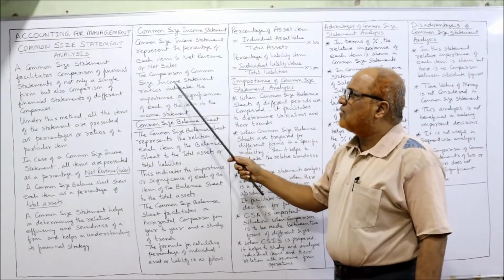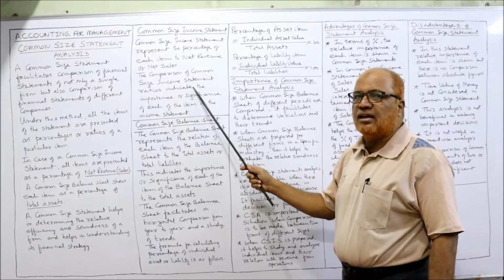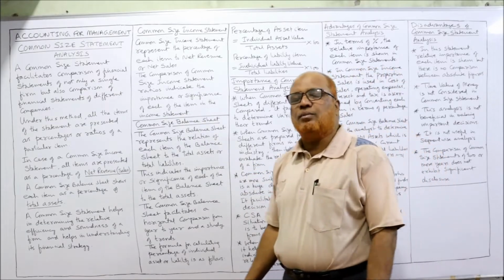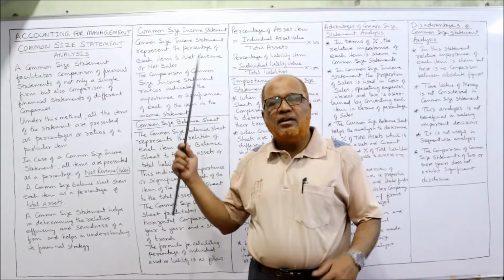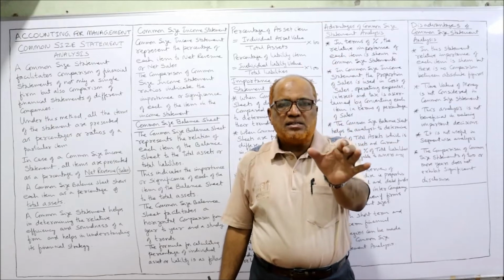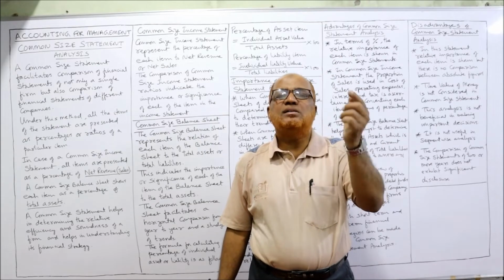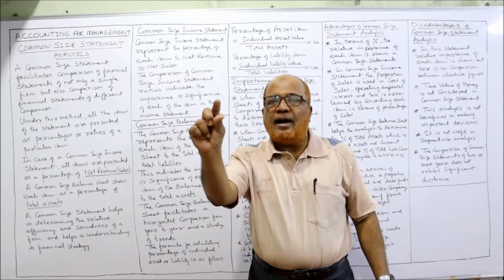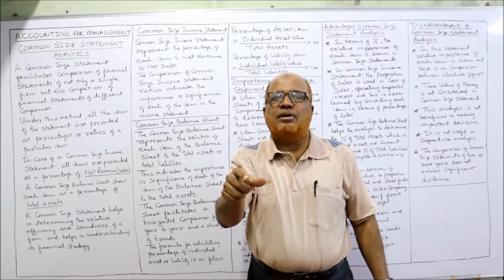Now, the comparison of common size income statement ratios indicates the importance or significance of each item in the income statement. What is the purpose of making this common size income statement? By making it, we can know the significance or importance of every item in the income statement.